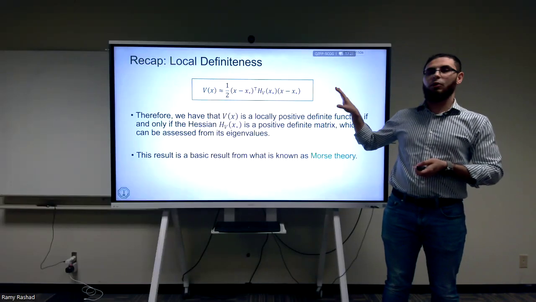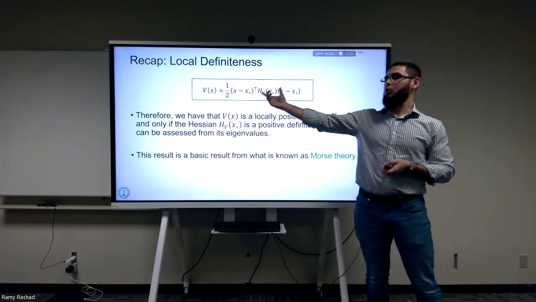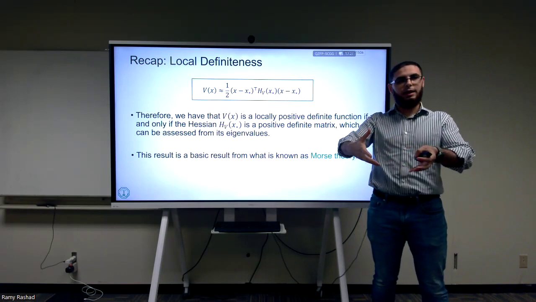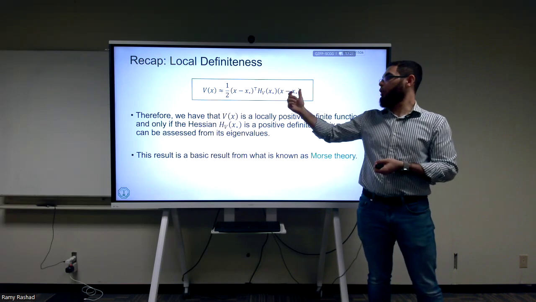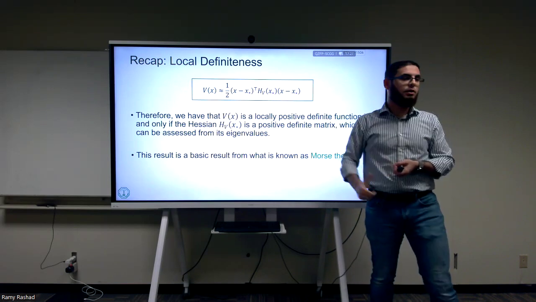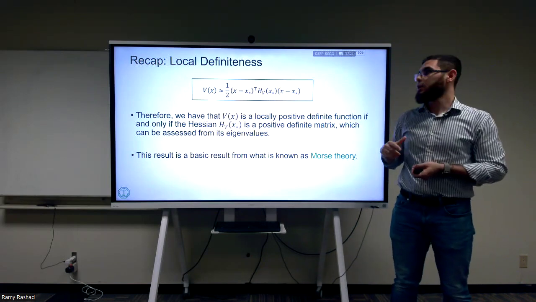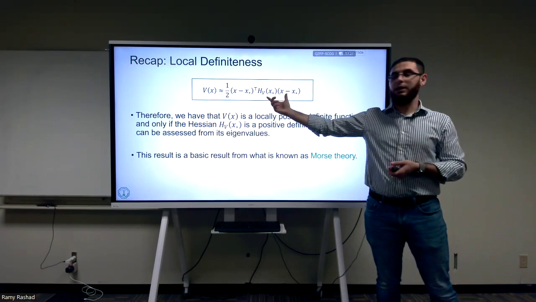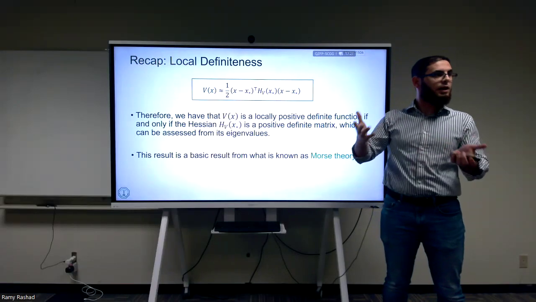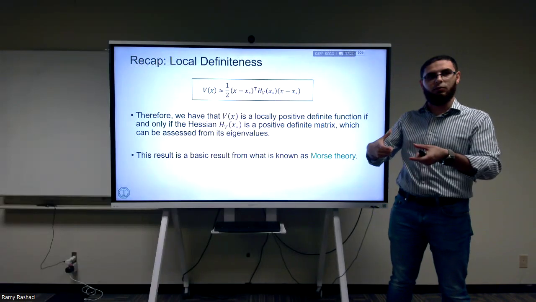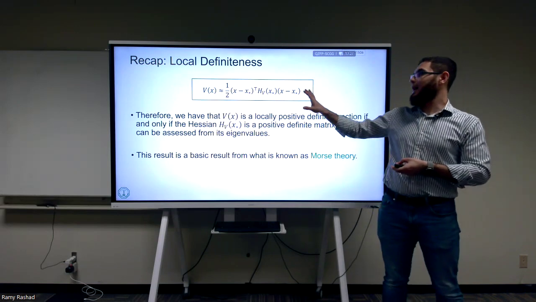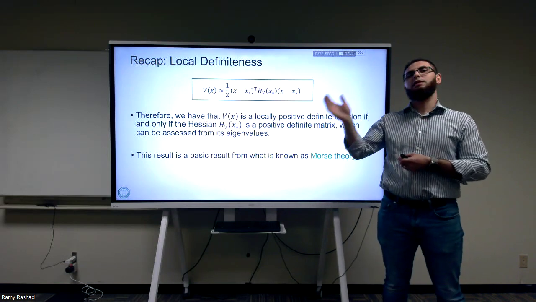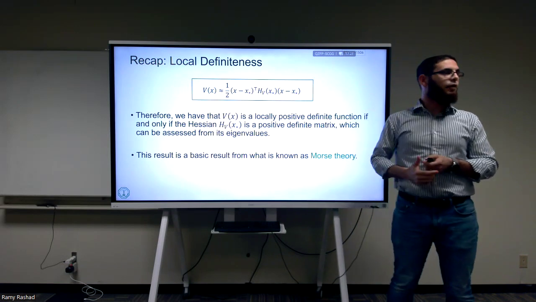The local definiteness, we talked about it in more detail, that by approximating V, this Lyapunov function or its time derivative, in a local neighborhood of the equilibrium point, by this quadratic form where H_V of x star is called the Hessian of this function, then by just looking at the eigenvalues or the positive definiteness of this matrix, which in the end is just an n by n matrix, even if x lives in an n-dimensional manifold, it's well defined in a local chart, then we can show that locally we have positive definiteness or positive semi-definiteness or negative definiteness or negative semi-definiteness of the function we're interested in.